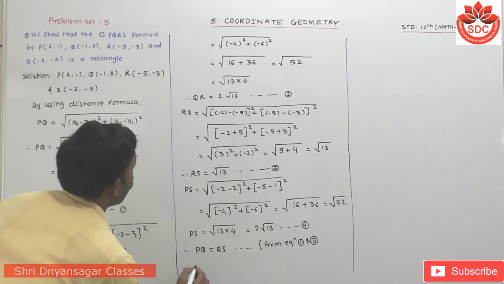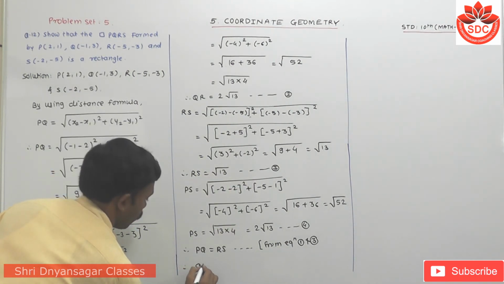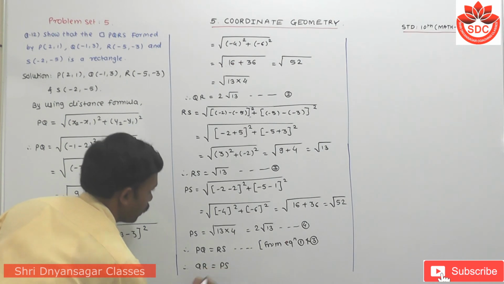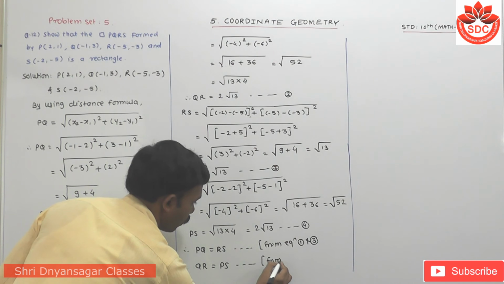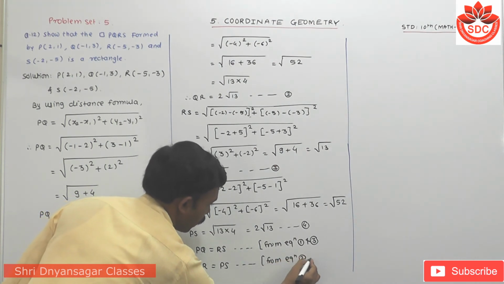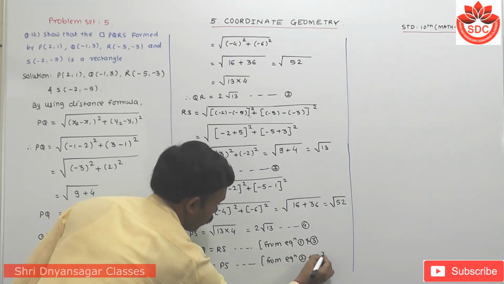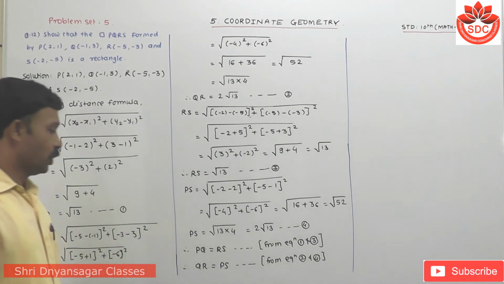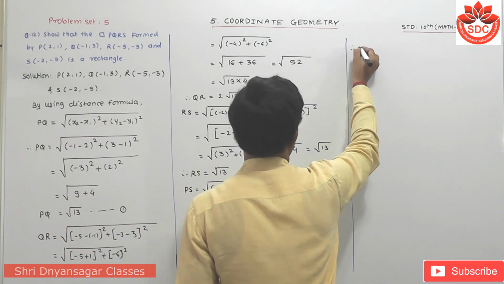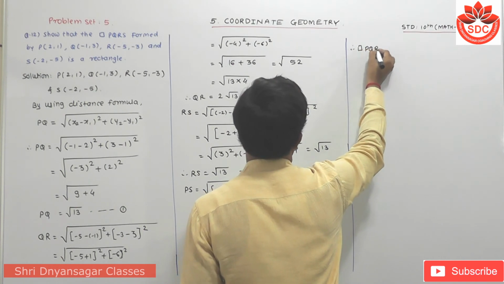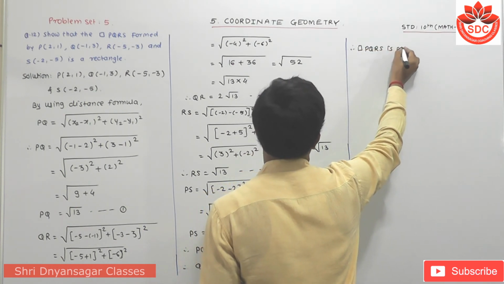Therefore QR is equal to PS from equation second and fourth. Student, opposite sides are equal, therefore this quadrilateral PQRS is a parallelogram.